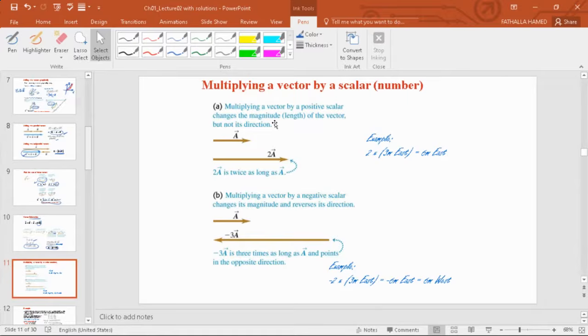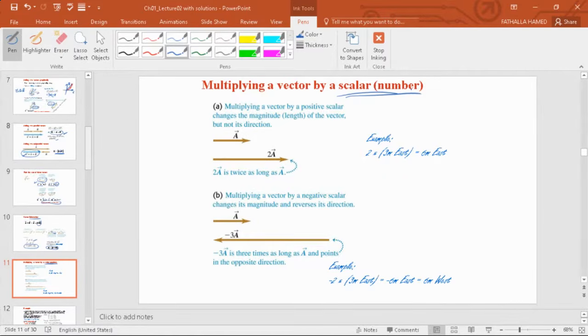Now, in any vector, you can also change this vector by multiplying by a scalar number. That means you can make the vector bigger, you can make it smaller, and you can also change its direction by multiplying by a negative.